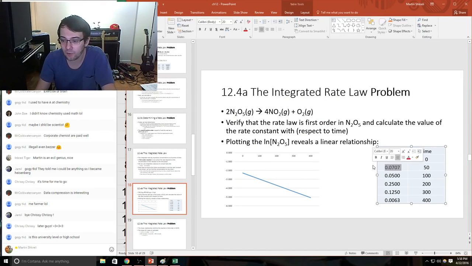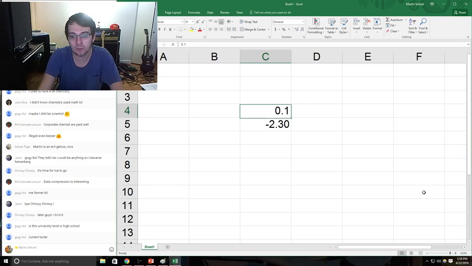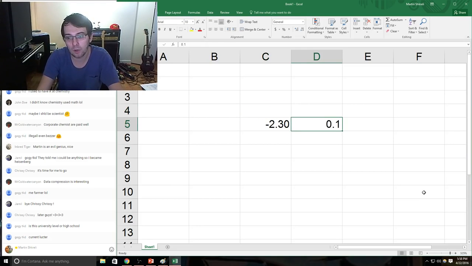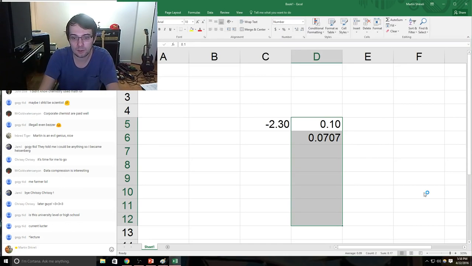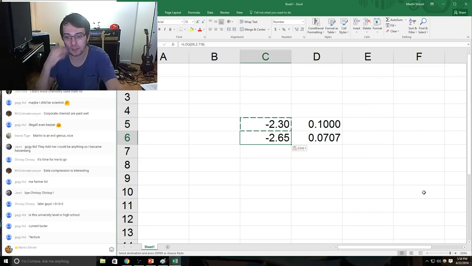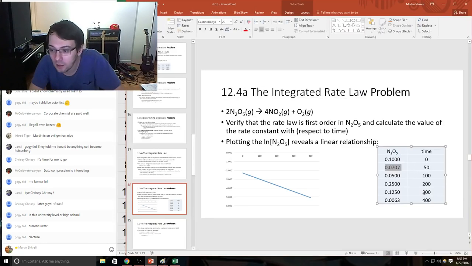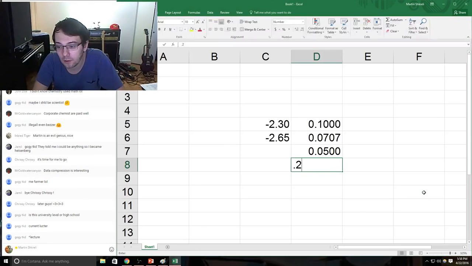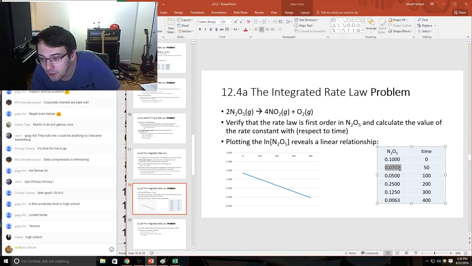Anyway, if we keep converting these, we can convert them as so. So this is 0.0707. Let's do it like this. And I can just copy and paste this thanks to the beauty of Microsoft Excel, my favorite program. I think there's a typo there. Is that a typo? Could be a typo.